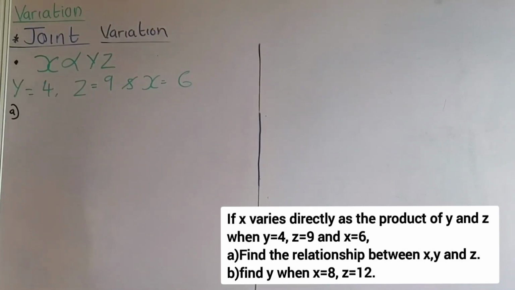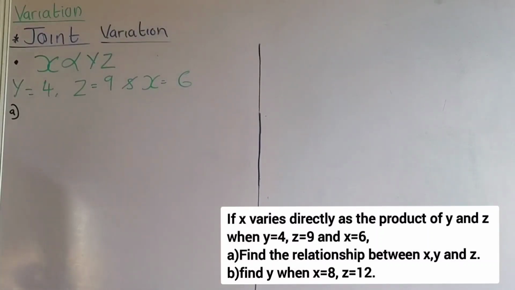To get the relationship, we have to first change this variation sign to an equals sign. You see, relationship between x, y, and z means how x, y, and z connect to themselves. How are they connected to each other?